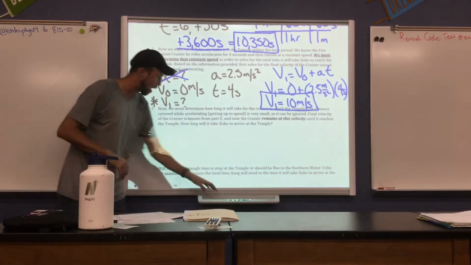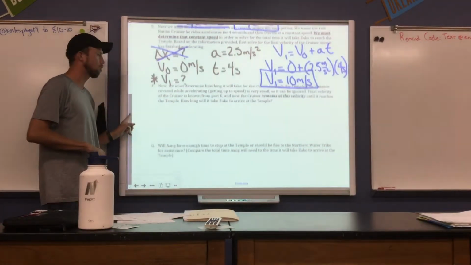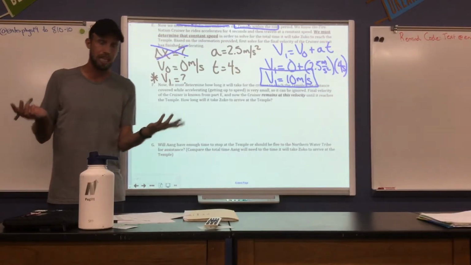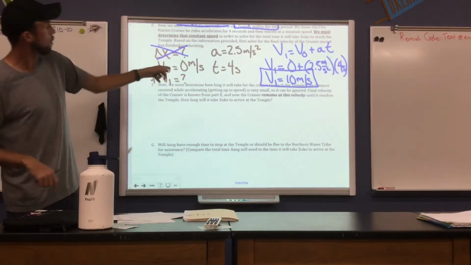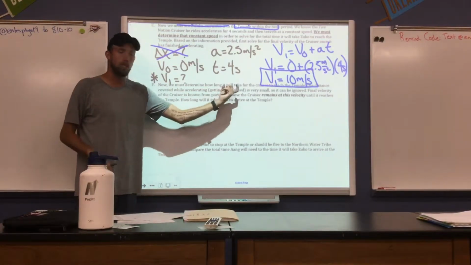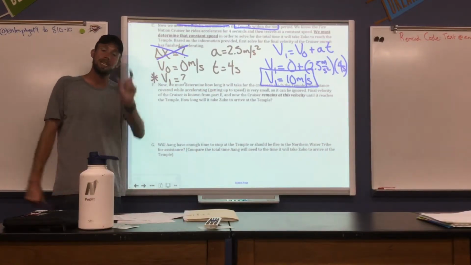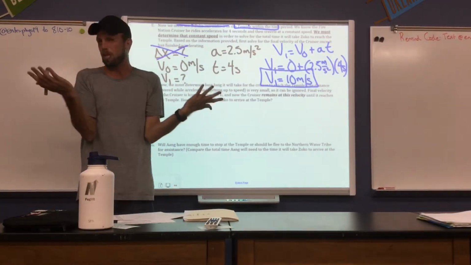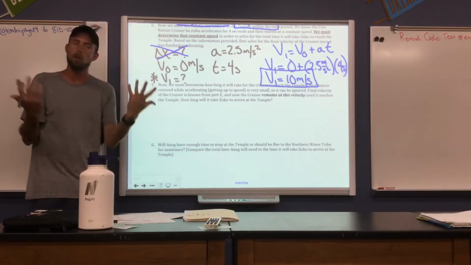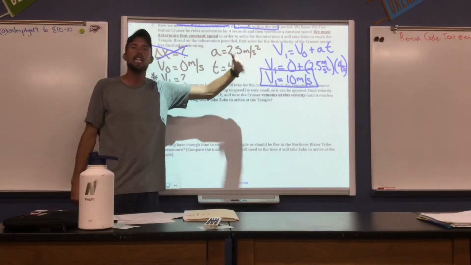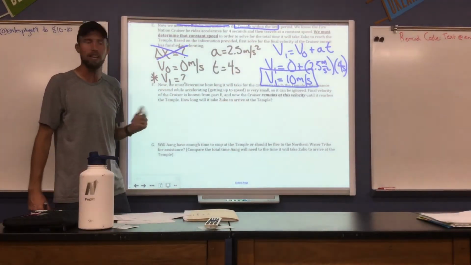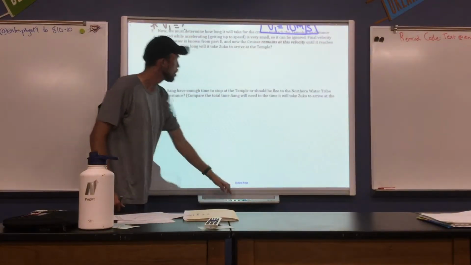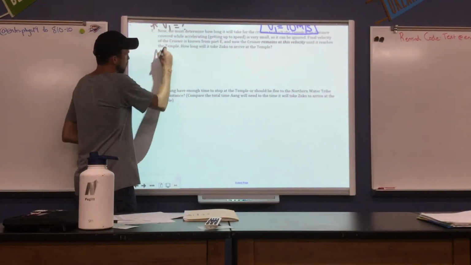Now, once we know that top speed, we're going to assume he travels the rest of his journey at that speed. The problem says the distance that Zuko travels while getting up to speed is so small, we're going to pretty much ignore it. We're going to assume, for the most part, he's traveling the entire journey at this velocity of 10 meters per second. So now, we'll list out the variables that we know.